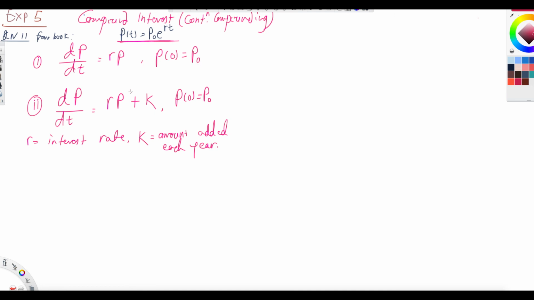Now, in addition to the compounding interest, you may want to add a certain amount every year to that account. That addition is K. Or you may want to withdraw a certain amount from that account, in which case K will be negative. If K is positive, you are adding a certain amount every year.